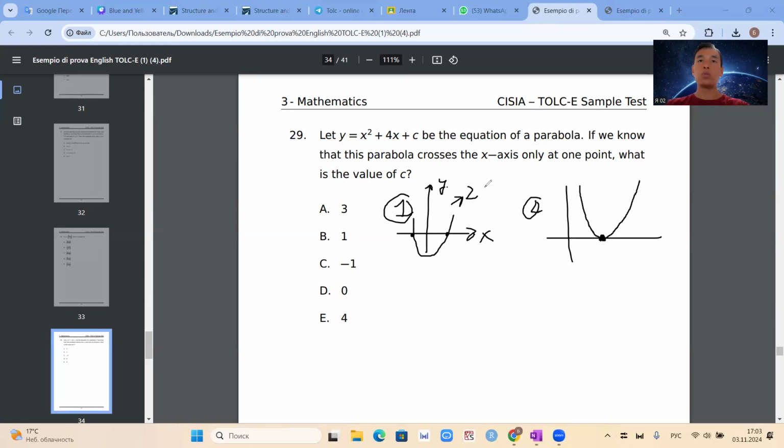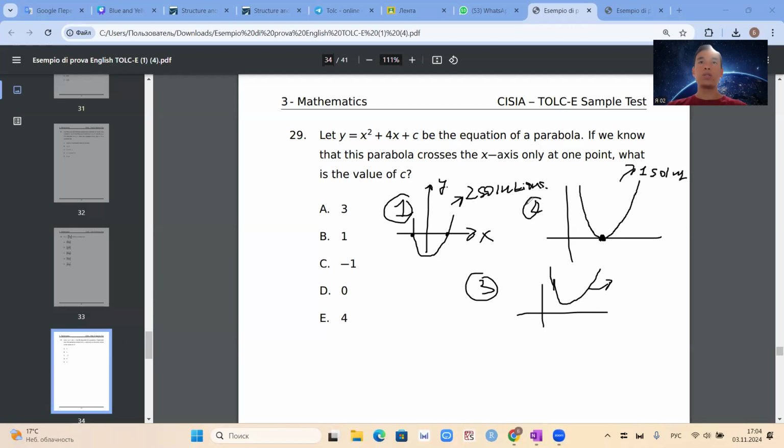Right, here two solutions, and here one solution. And the third case: the parabola does not cross the x-axis at all. In this case, our function has no roots or no solutions.